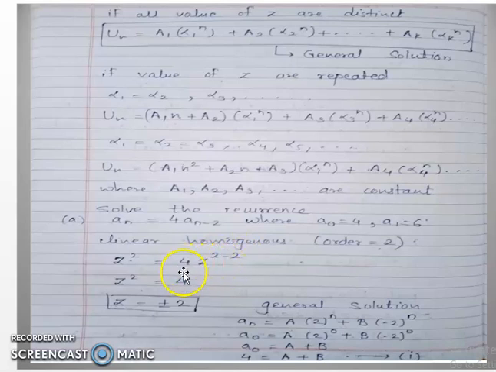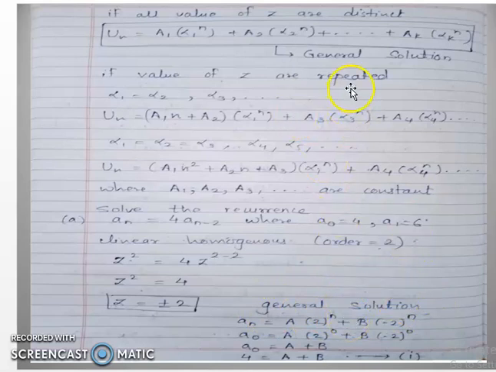Therefore 1 into 4 is 4, that is z square is equal to 4. Then we find the roots of z, that is the values of z are plus 2 and minus 2. Then we find the general solution of this given linear homogeneous recurrence relation equation using the first formula.